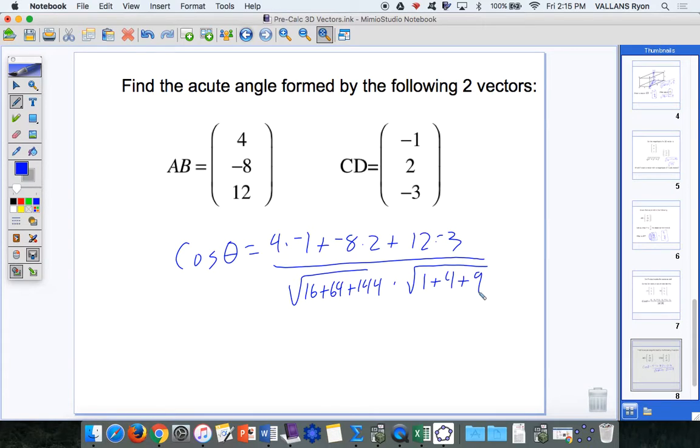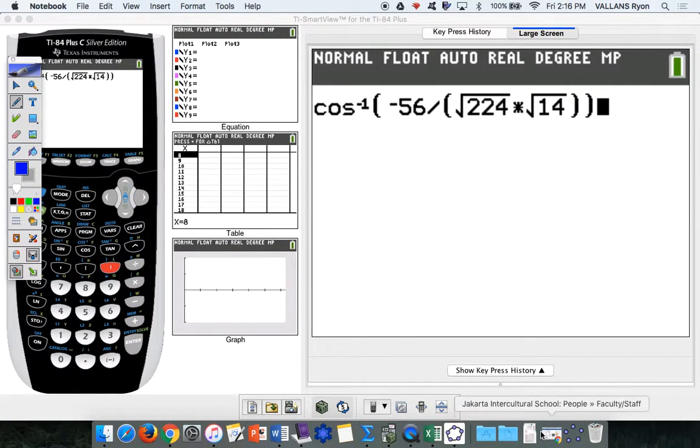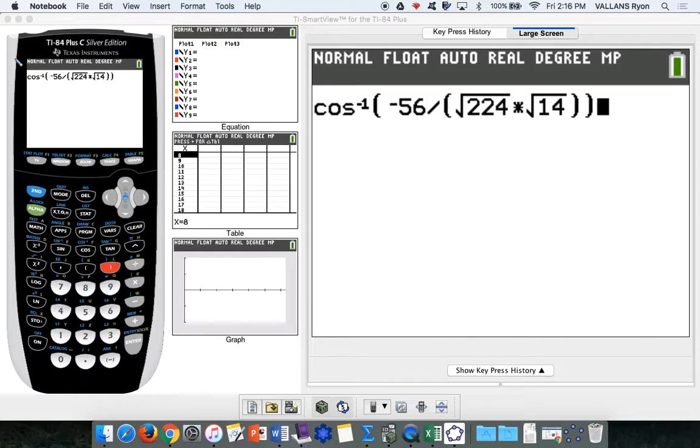Or in other words, if I simplify, I get the inverse, or the cosine of theta equals -56 over the square root of 224 times the square root of 14. At this point, we'd go to our calculator. And you can see here that to solve for that, I just have to do the inverse cosine of -56 over, notice the brackets on this.